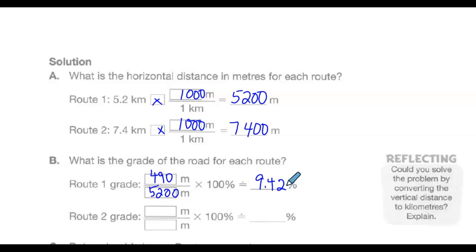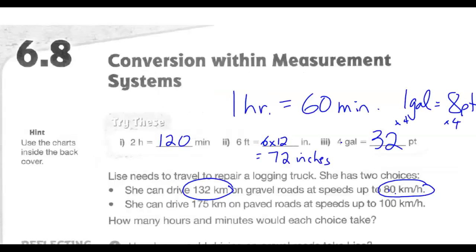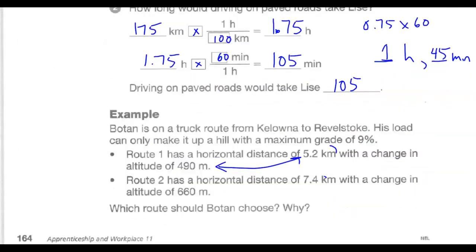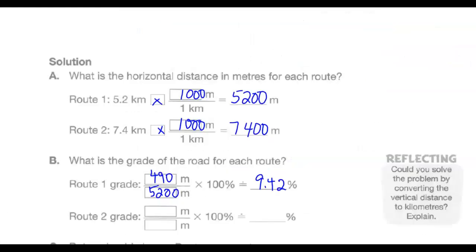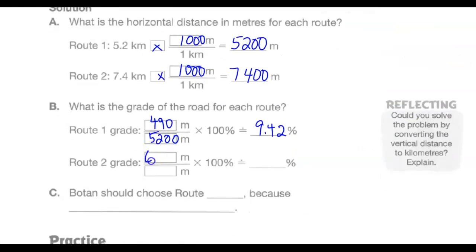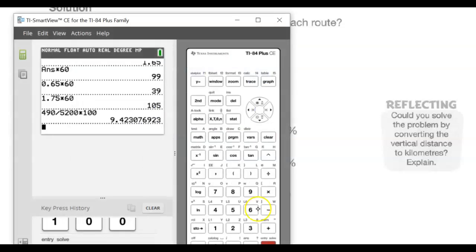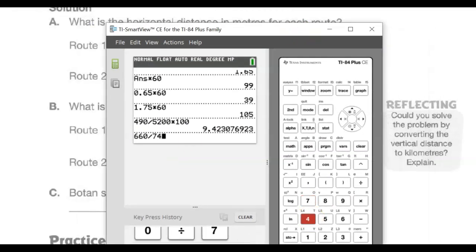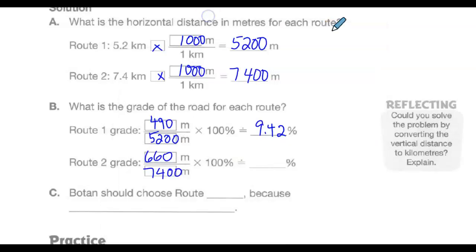We'll go to 2 decimal places. It doesn't say what to go to. And then next one, rise of 660, run of 7,400, times by 100, 8.92.